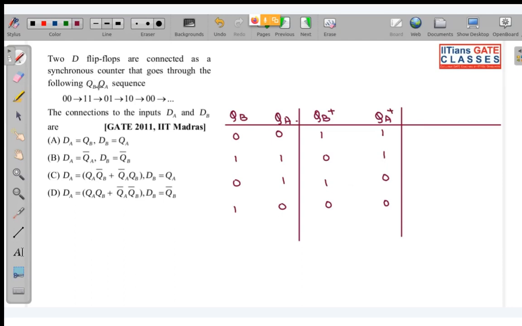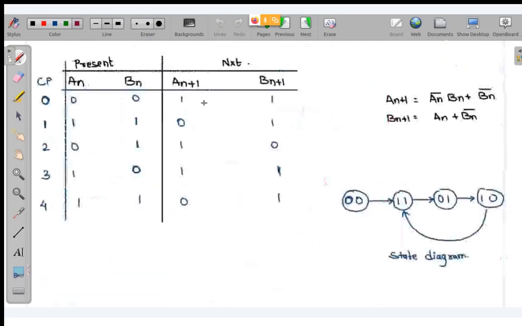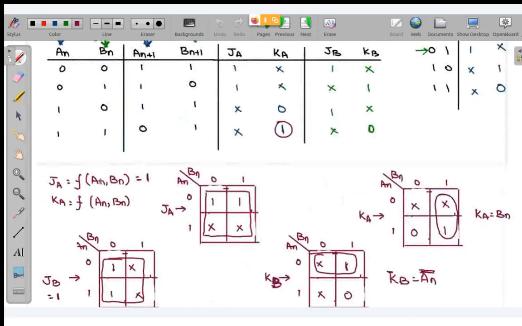So QB is MSB, means B is MSB, and A is LSB. That goes through the following QB QA sequence. Counting sequence has been given. The connection to the inputs DB and DA. So this is the second question that has been asked. Look, in the second question, we were given the state table.